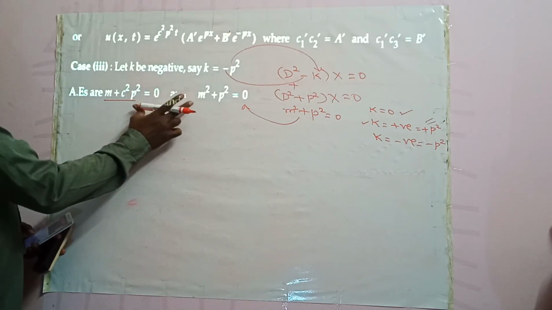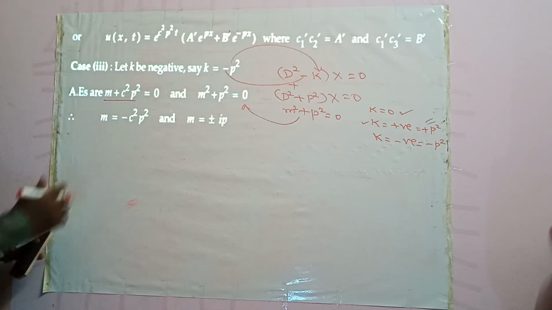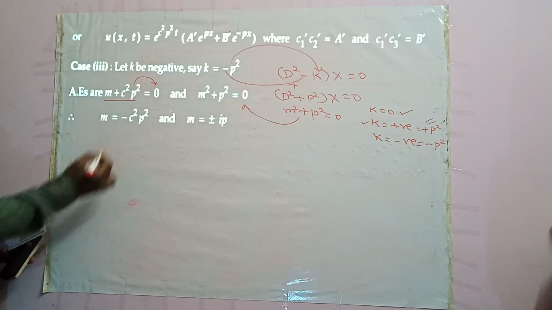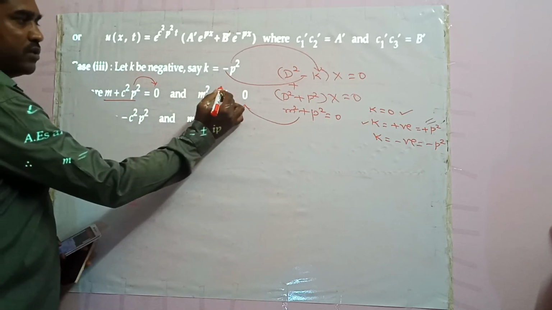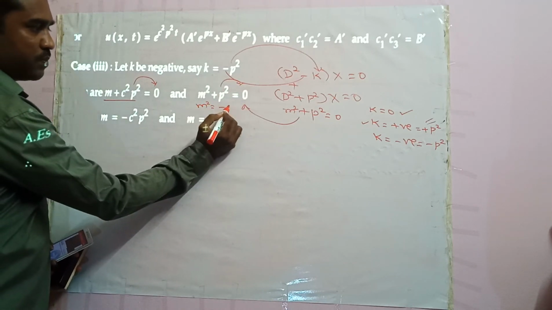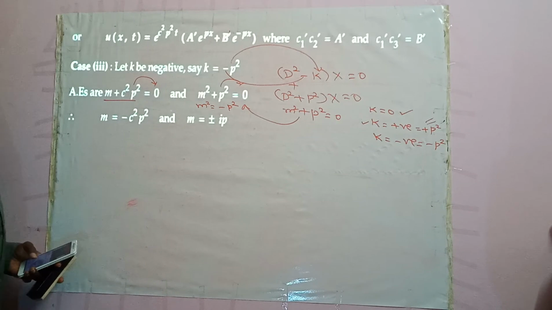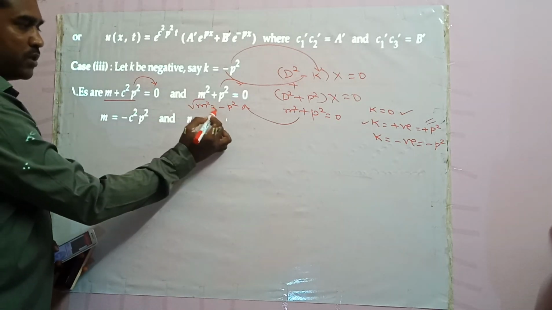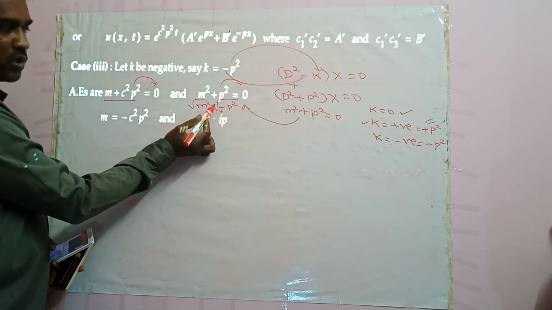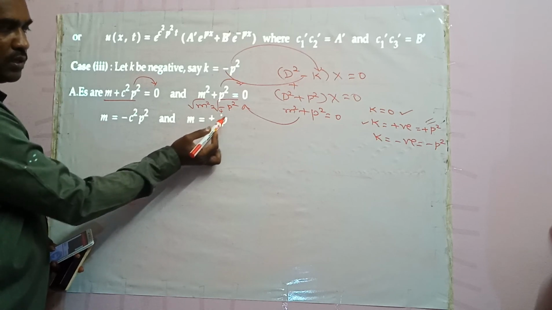So we need to find the roots from these two. If you take it to the RHS, you get minus c square p square. If you take this to the RHS, what you get? M square is equal to minus p square. If you apply root on both sides, root of minus gets converted to i.